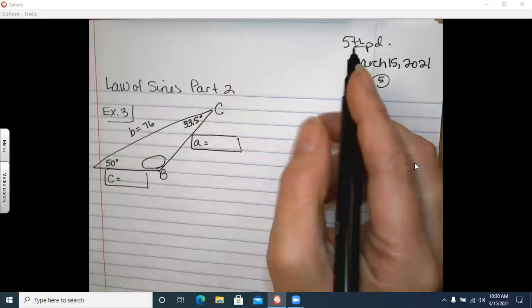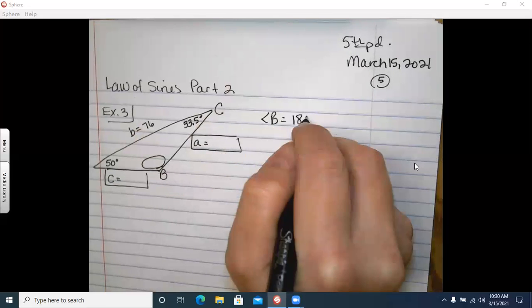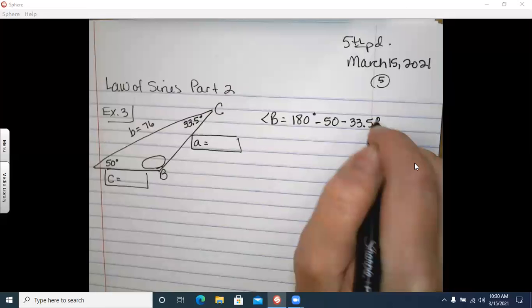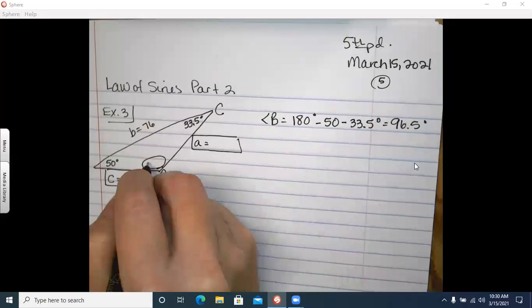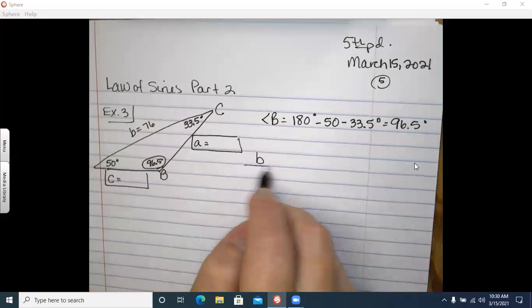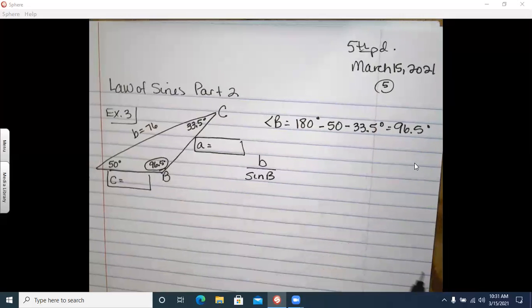So angle B is 180 degrees minus 50 degrees minus 33.5 degrees. And that gives us 96.5 degrees. So I would start with B over sine of B. And then it doesn't matter, I can do A over sine of A or C over sine of C. We're going to have to do both, right?